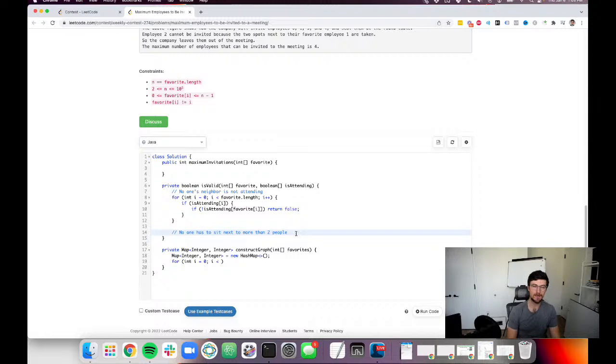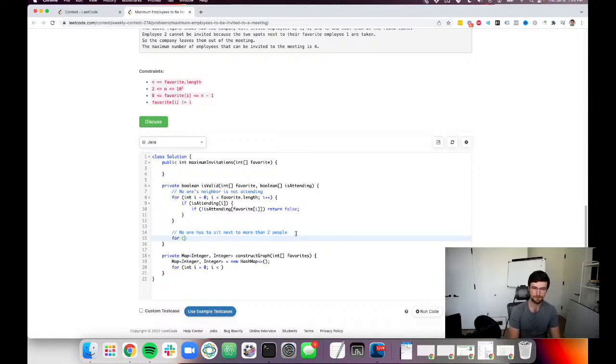And then the second thing that we need to do is check that no one is trying to sit next to more than 2 people. To do that, we'll iterate through each person and check for them.